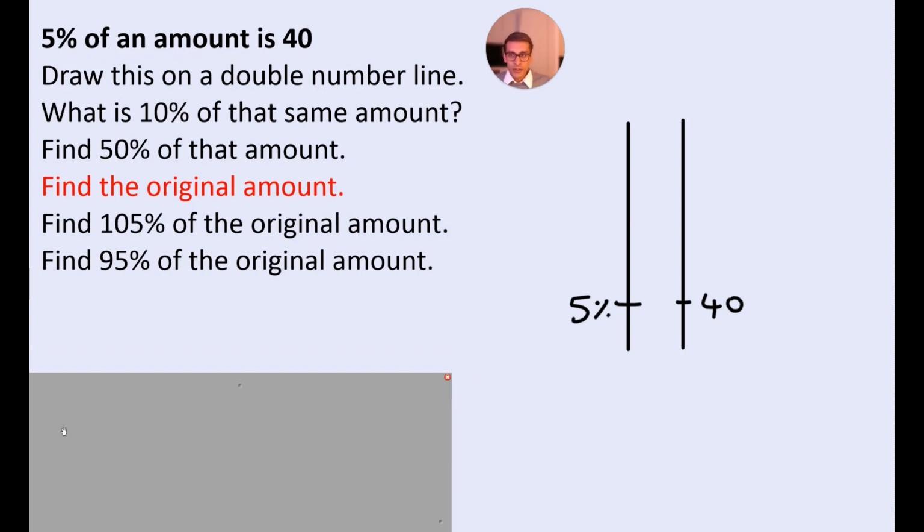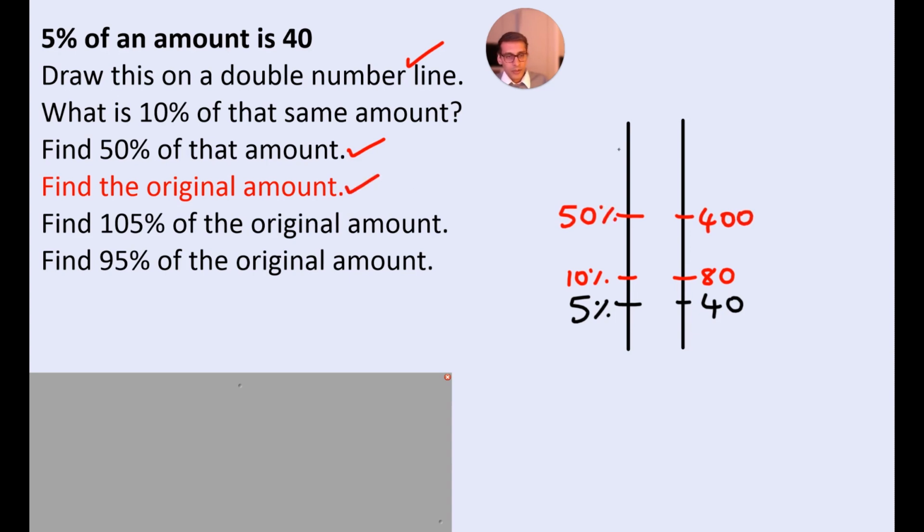Okay, I'm going to show you the answers in 3, 2, 1. Right, so we've done that. 10% is going to be double, so 10% is 80. 50% is going to be up here. We're going to multiply by 5, so 8 times 5 is 400.